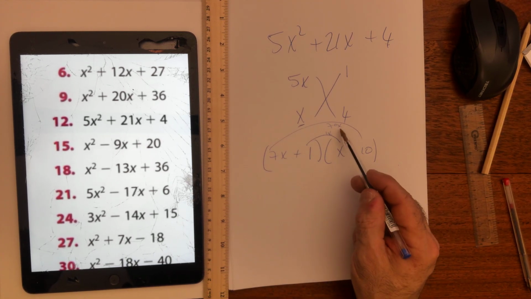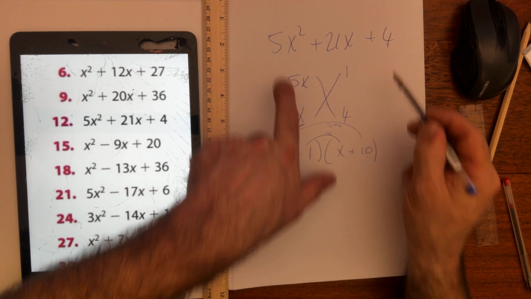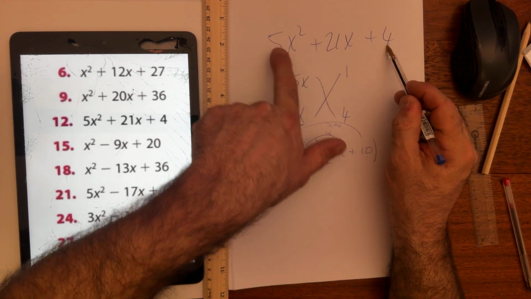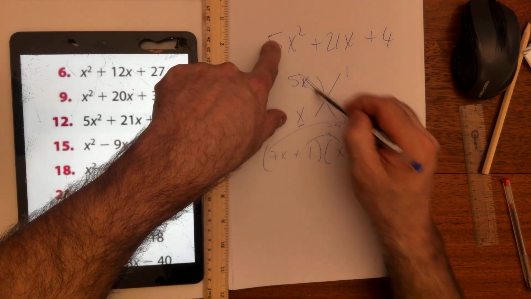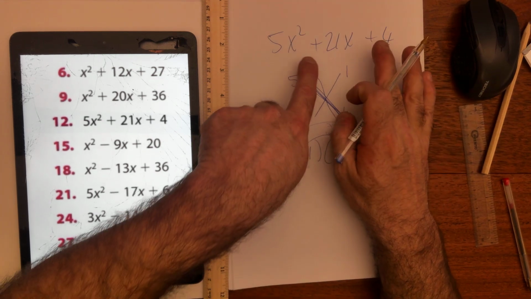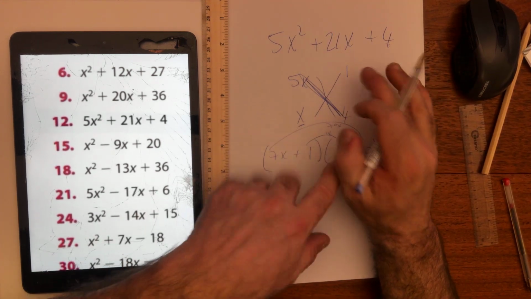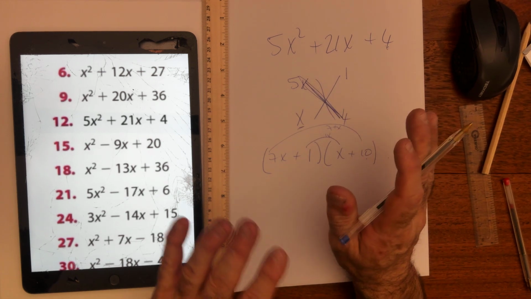And what you can notice about the 71x is it's 1 bigger than 7 tens. So the minute you see this, 1 bigger than the outsides multiplied together, you know you're putting the 5 and the 4 on a diagonal. There's a little variation on that. If it's a minus at the end, it'll be subtraction, but a tiny variation. And if it's a minus in the middle, they'll both be minus.